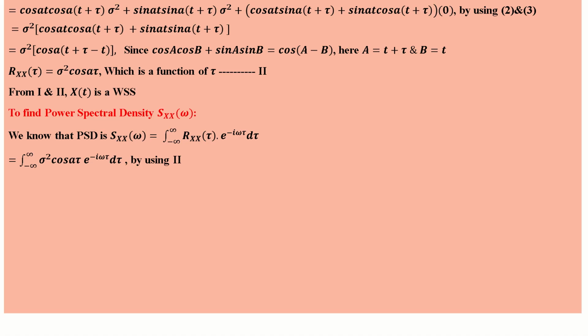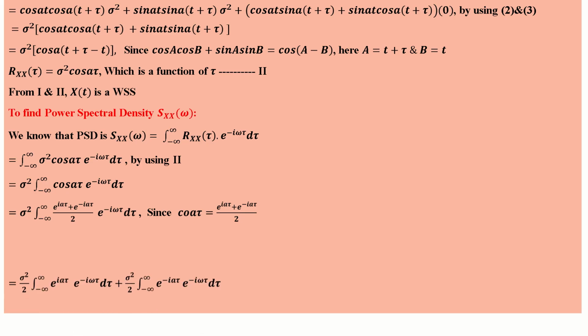We know cos ατ is equal to (e^(iατ) + e^(−iατ))/2. This is the formula for cos in terms of exponentials. So replacing cos ατ by (e^(iατ) + e^(−iατ))/2 times e^(−iωτ).